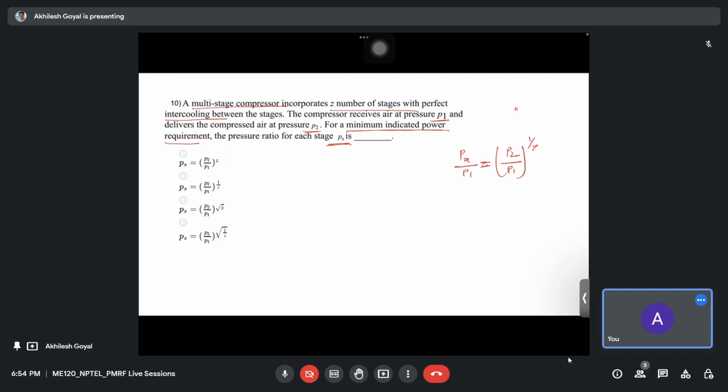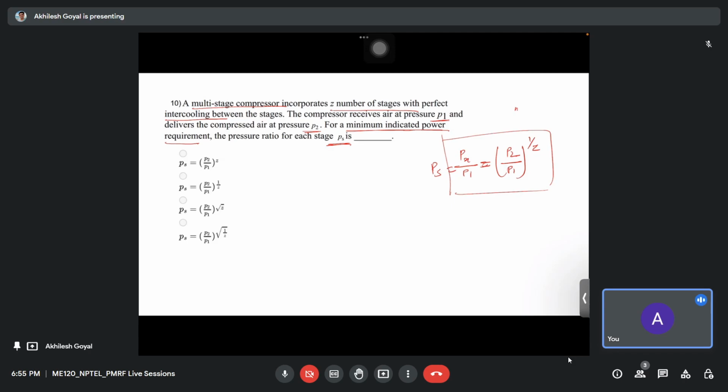So this is basically a simple question: we have Z stages with perfect intercooling, and the final pressure ratio is P2 by P1. So the stage pressure ratio PS is P2 by P1 raised to the power 1 by Z.